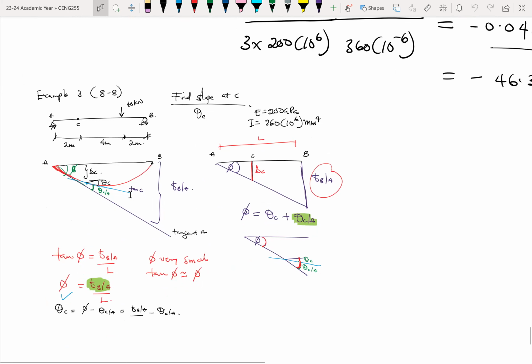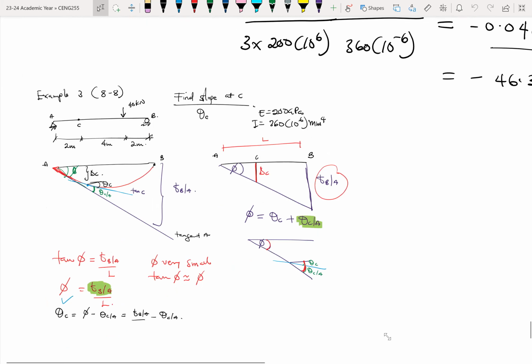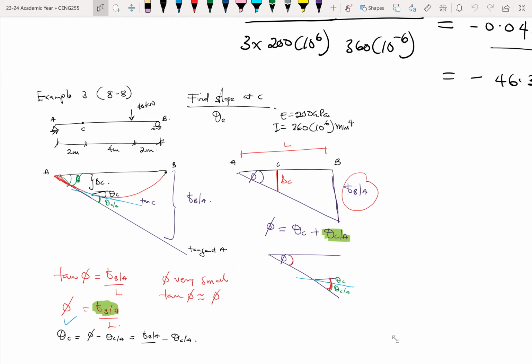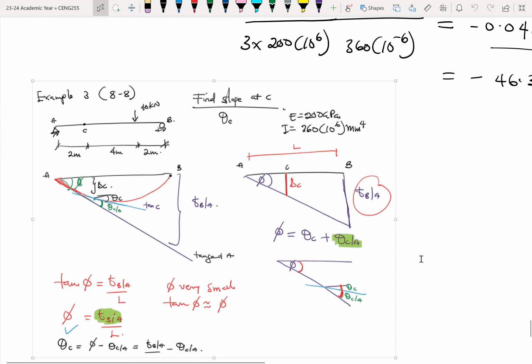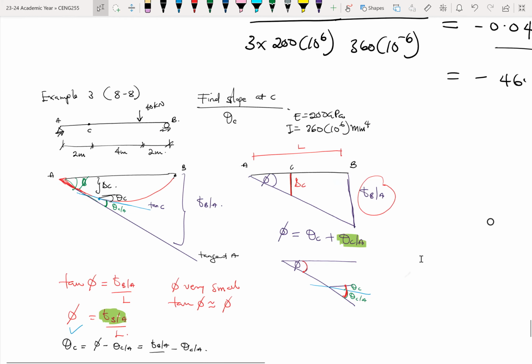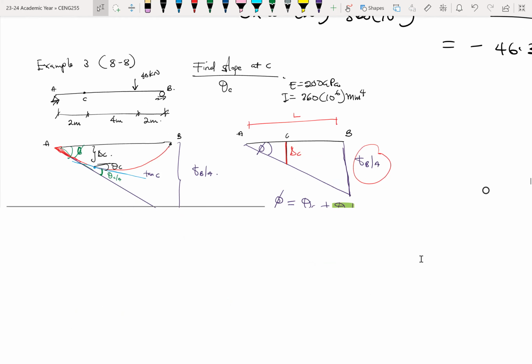So let's look at this example again. This is example 8.8 from your Hibbeler textbook. So you can always check that up. So here, maybe it's a little bit more complex, but isn't that much complex too.